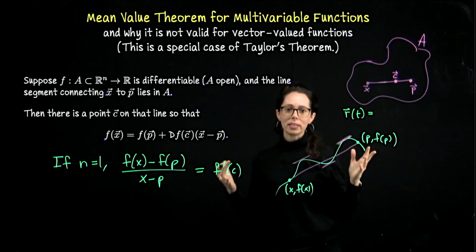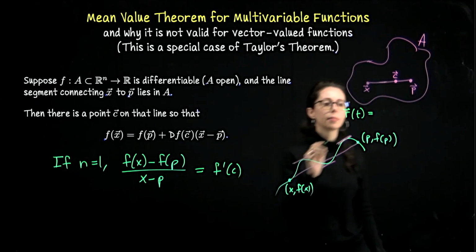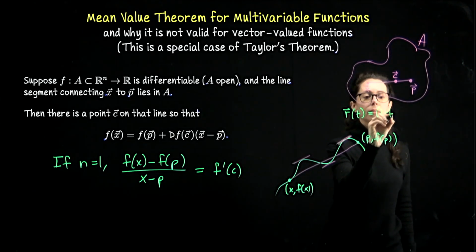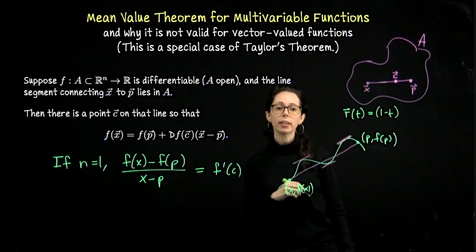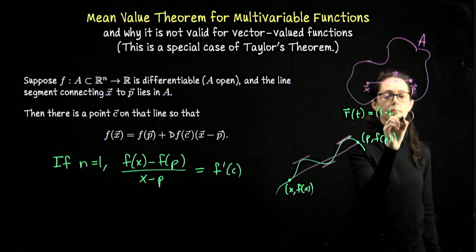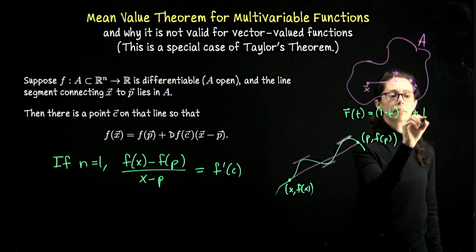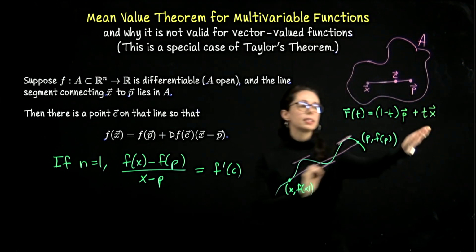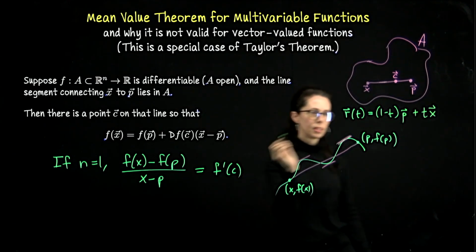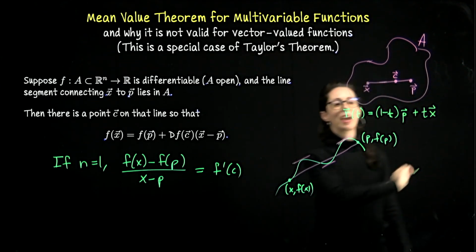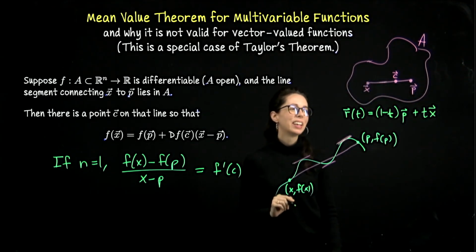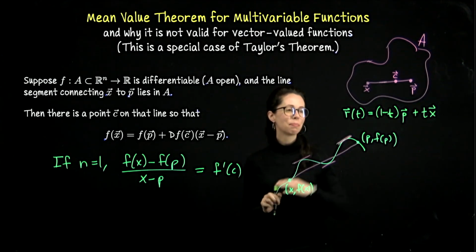If you know 2 points and you're trying to travel from one to the other, you can do 1 minus the parameter t times where you started. Let's start at p. Plus t times x. Sorry, that's supposed to be 1 minus t, and then t.